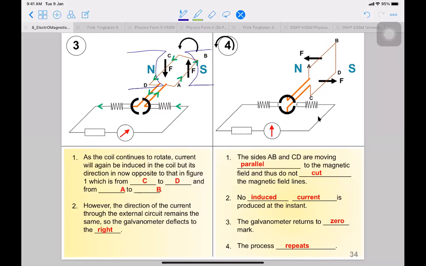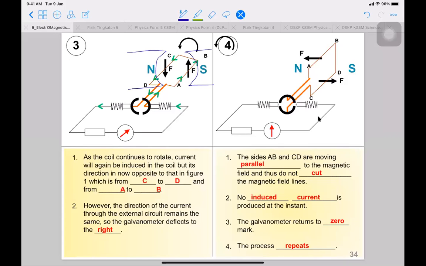So now the current will still flow in the direction from CD and then A to B. The direction of the induced current, when it flows through the galvanometer, will still deflect to the right because it follows the direction of the induced current.